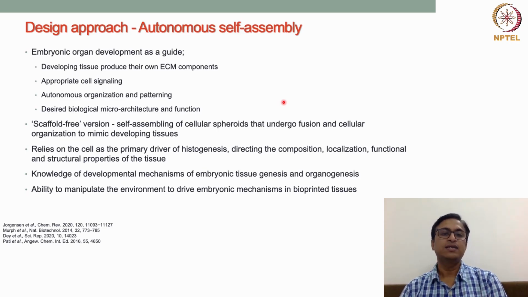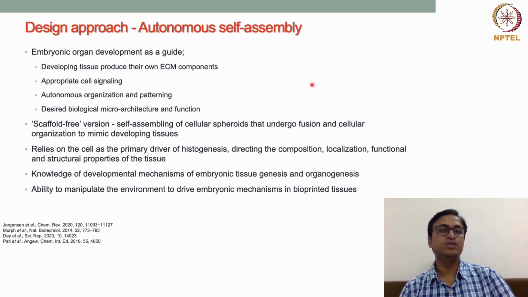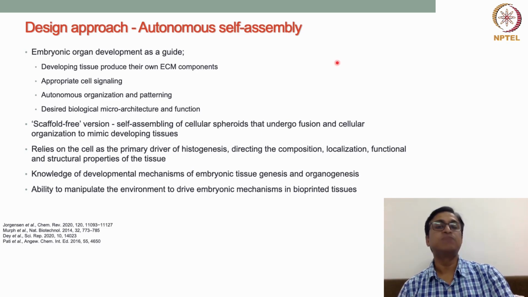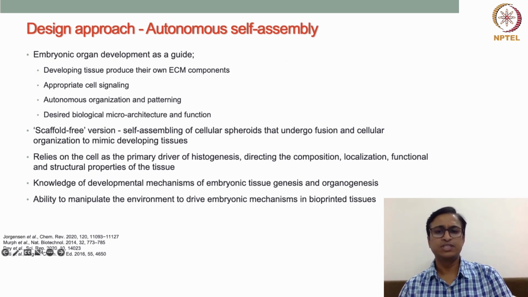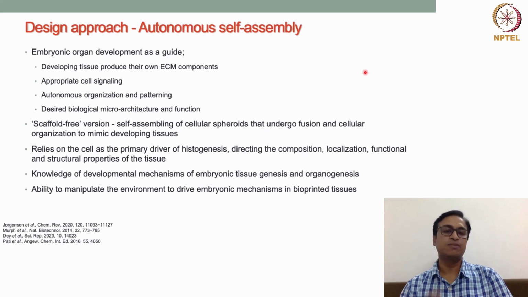Here the clue is from embryonic organ development, because organ development in the embryo can be used as a guide to understand the different factors that help in the self-assembly process, and how we can recreate those self-assembly structures using bioprinting. So embryonic organ development can be used as a guide for tissue development, or for organ bioprinting.